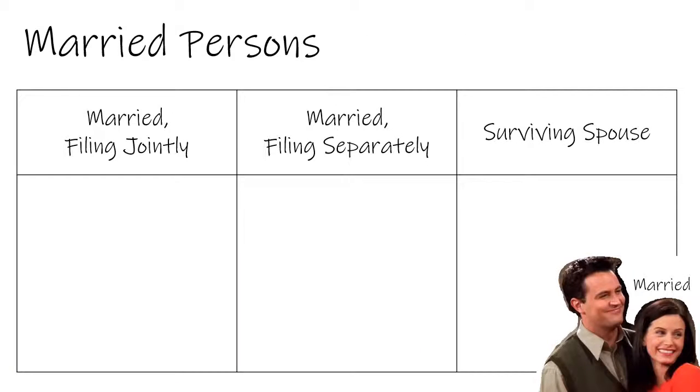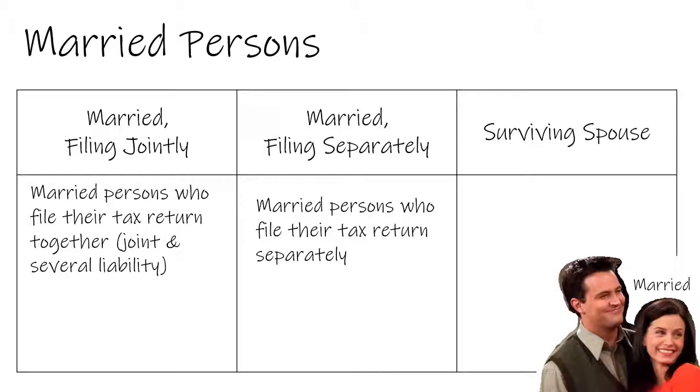Let's look at what the tax code means by a married person. There are two separate statuses, married filing jointly and married filing separately. When you file jointly, you combine your household income and pay tax on the combined income. For this, the deductions are doubled.